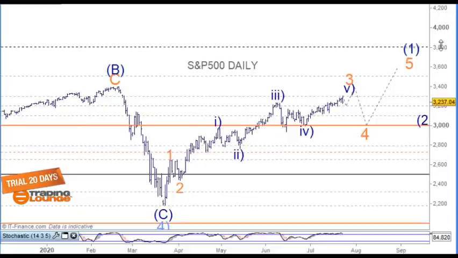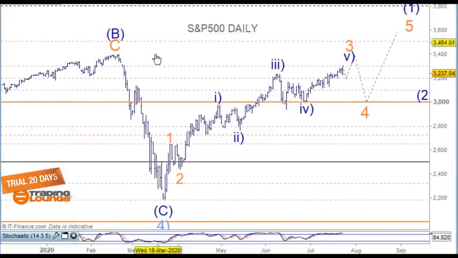Interestingly, there is a little gap in here. That's worthwhile understanding, because once that gap is filled, the market can rest and drop at that point.